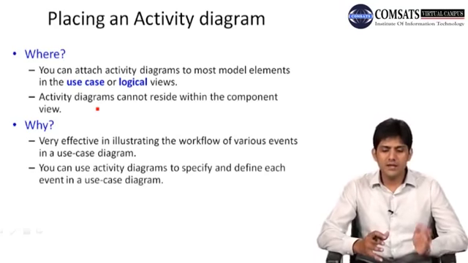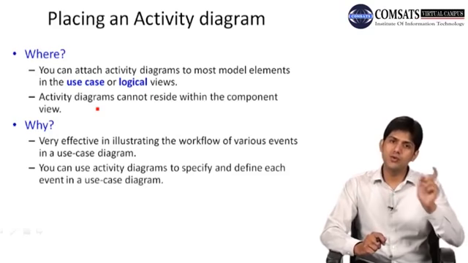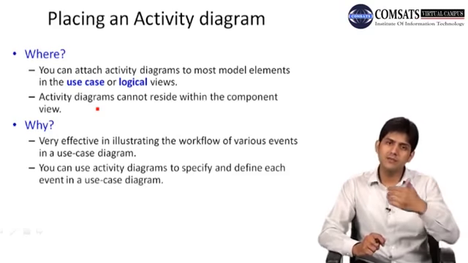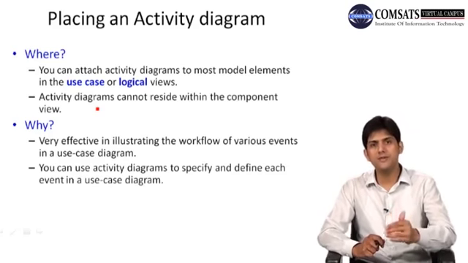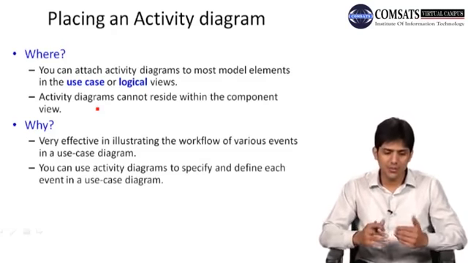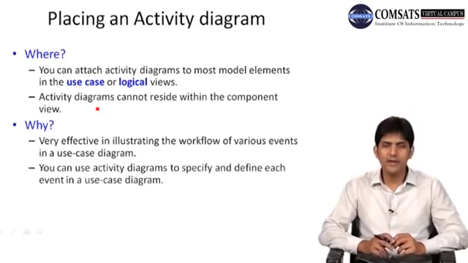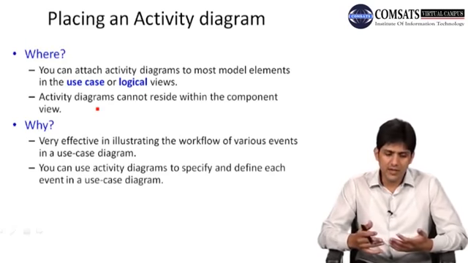And activity diagrams cannot reside within the component view. If you remember the don'ts from the last slide, because we cannot use activity diagrams to see how objects collaborate or how an object's states change during its lifetime, they cannot reside within the component view. And this was the where question. Then why make activity diagrams?